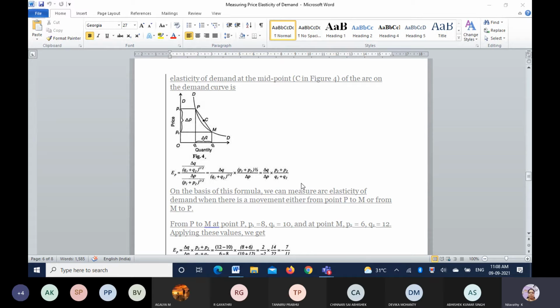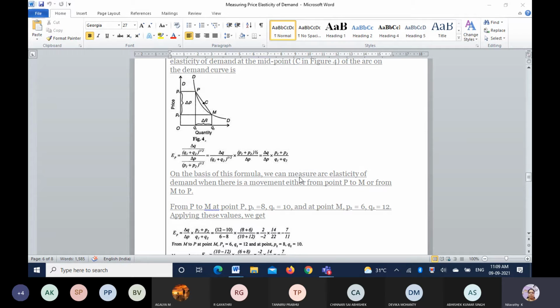Then, whichever direction you make the calculation, whether as an increasing value or a decreasing value, you will get the same answer. So the solution is that an arc cannot have one particular point.